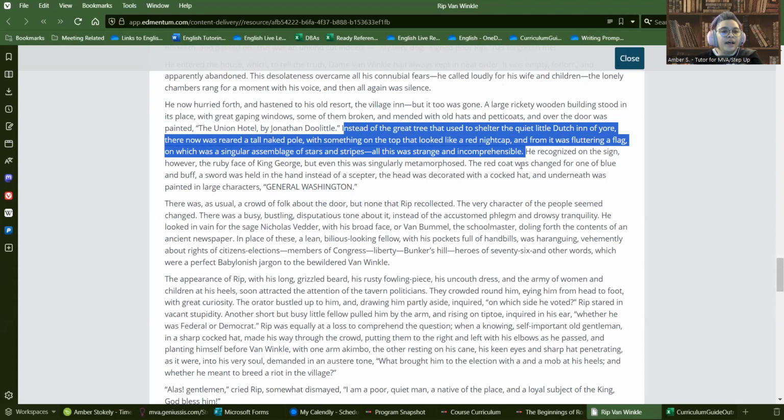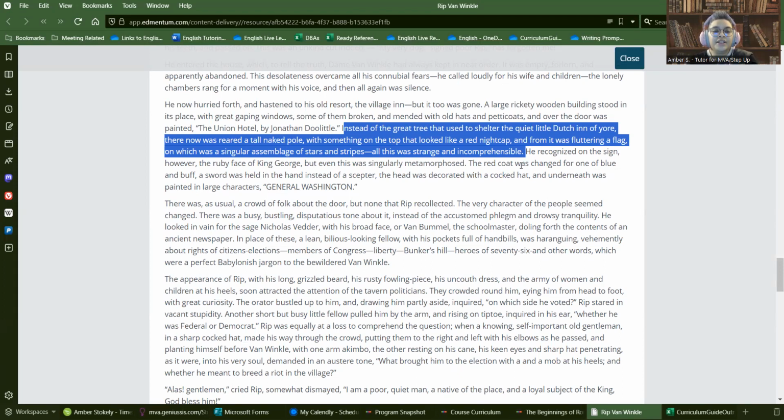So basically, instead of the tree, there's a flagpole, right? They're talking about a tall naked pole. So that's something we know in the modern age. It's a flagpole. So this man was in a time before America was established as a country.